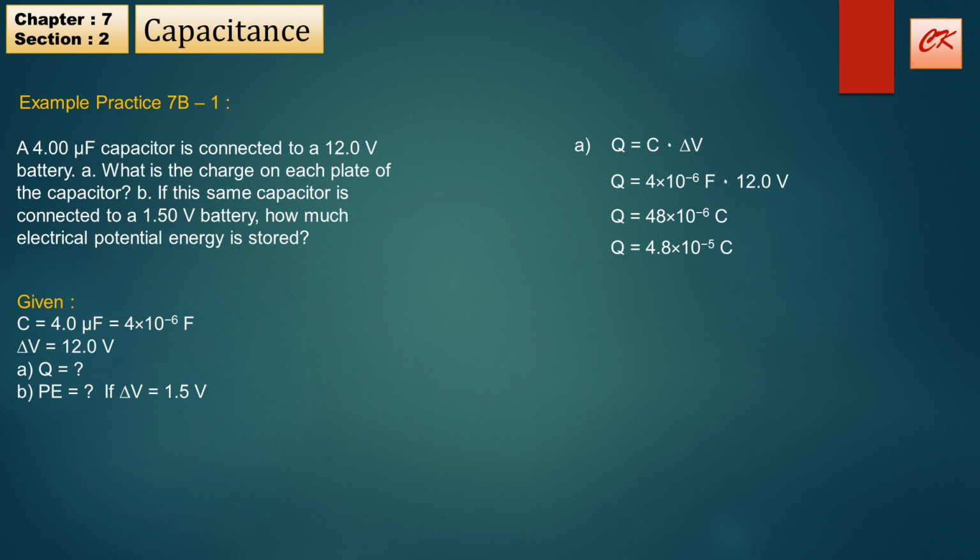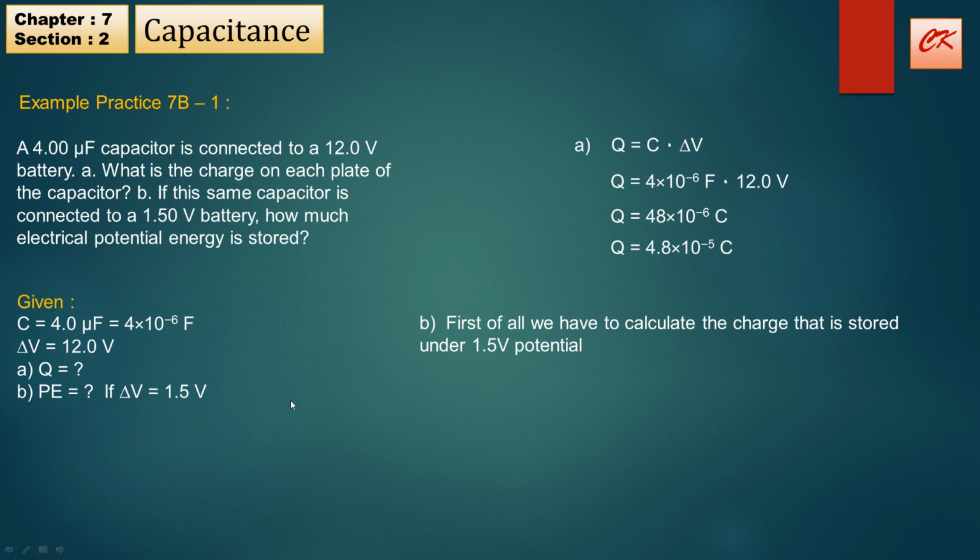It is easy. In B, it says what is the potential energy if 1.5 volt. So firstly, we have to calculate the charge that is stored under 1.5 volt. Q is equal to CV, and Q is equal to 4 times 10 to the negative 6, capacitance, multiplied by 1.5. The result is 6 times 10 to the negative 6 coulomb.